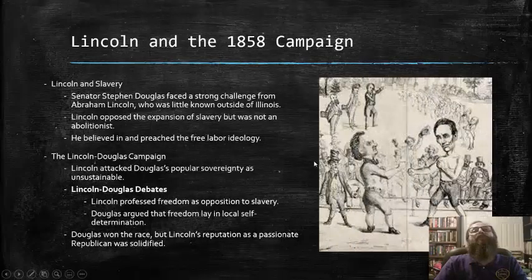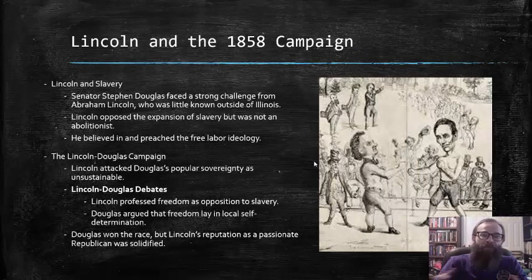Northern opposition to all of these developments in the 1850s, the Compromise of 1850, the Fugitive Slave Law, the Kansas-Nebraska Act, the caning of Charles Sumner, the Dred Scott decision, all served to galvanize the popularity of the Republican Party and their free soil ideology.